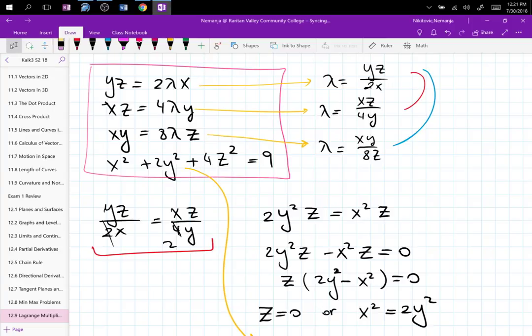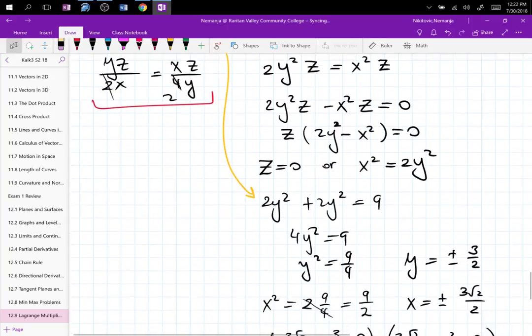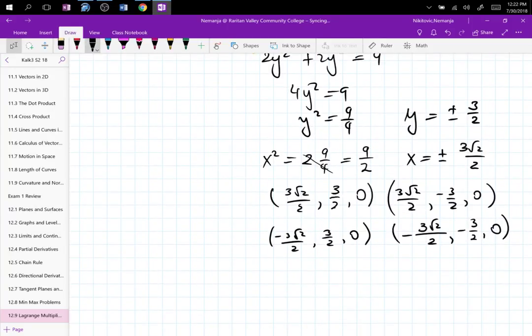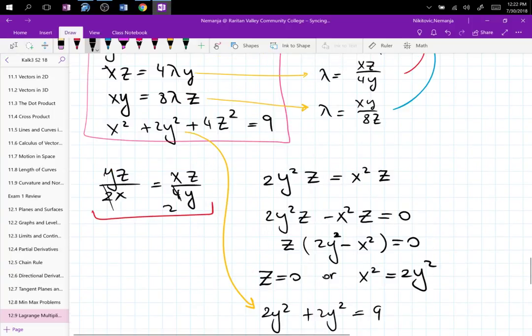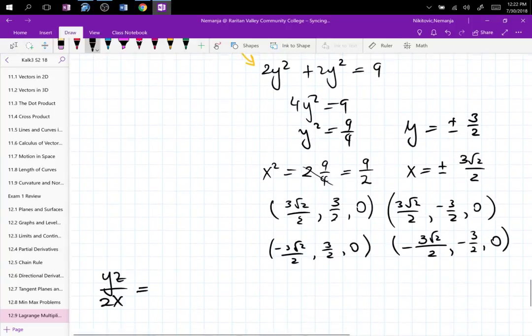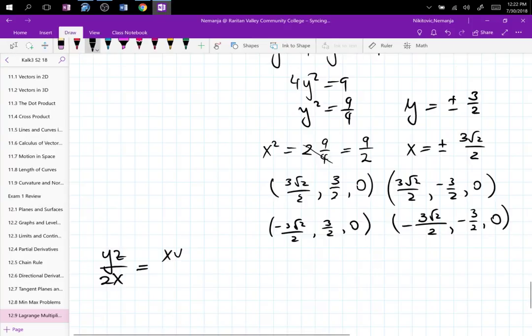So now we do the second half of the problem and the calculation when we equal yz over 2x to the lambda on the bottom, xy over 8z. No coffee.